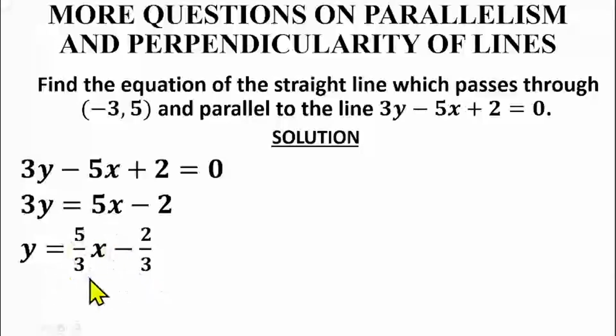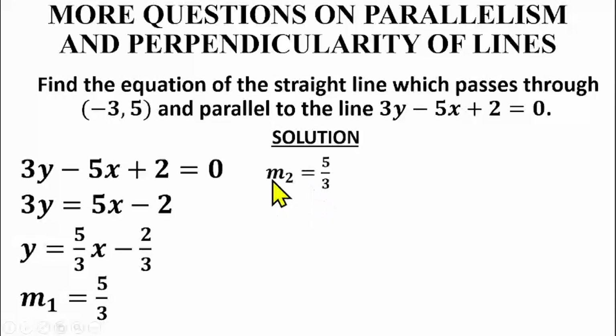So in this case now, you will know the gradient of the straight line. Our m1 will be 5 over 3, which is the coefficient of x. So that means the gradient of this straight line is 5 over 3. And we are told that the equation we are looking for is parallel to this one. So if the gradient of this one is 5 over 3, that means the gradient of the equation we are looking for is also 5 over 3, which you can call m2.